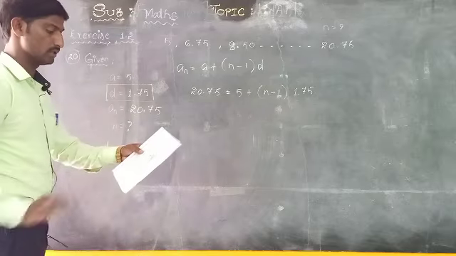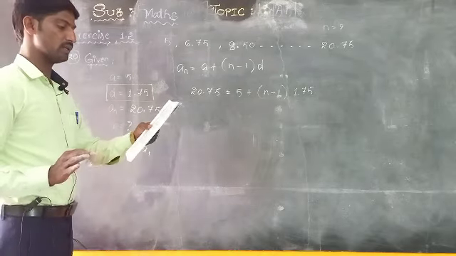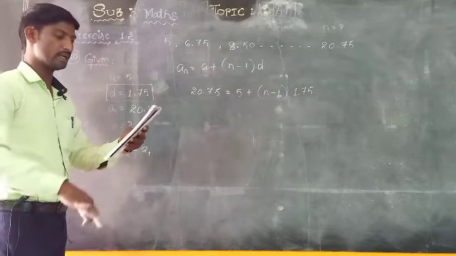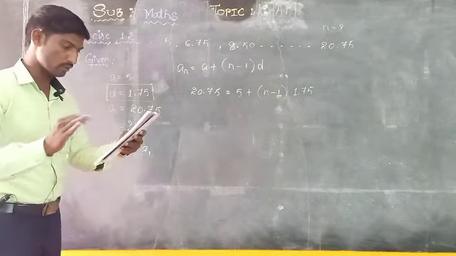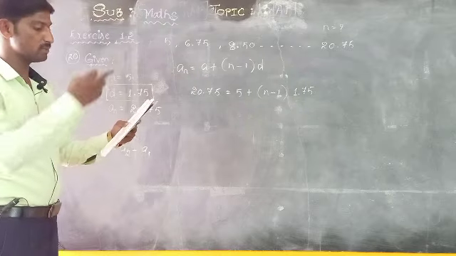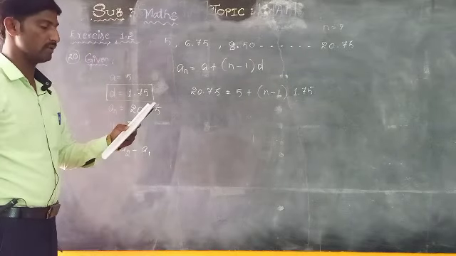Ramkali saved rupees 5 in the first week of a year and then increased her weekly savings by rupees 1.75. If in the nth week her weekly savings becomes rupees 20.75, find n.